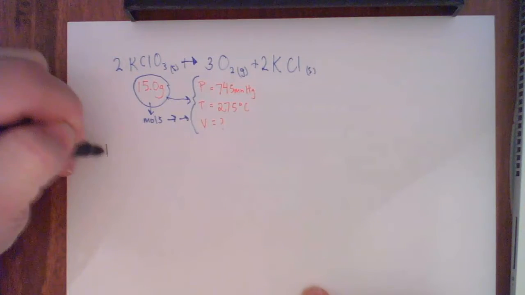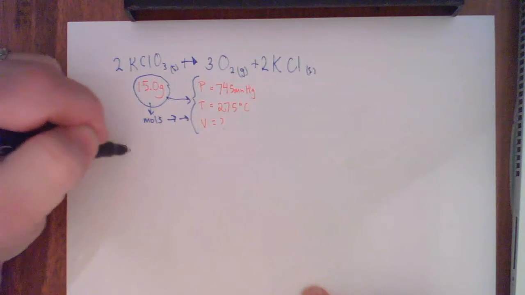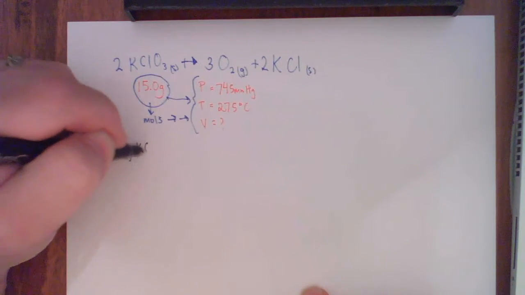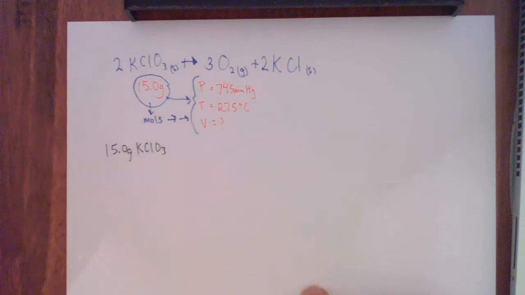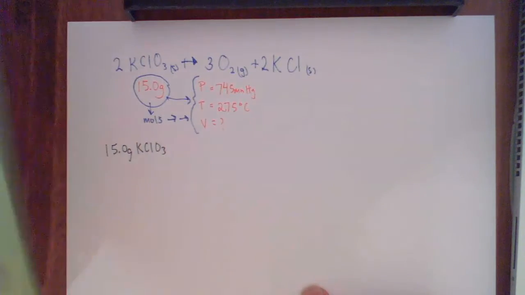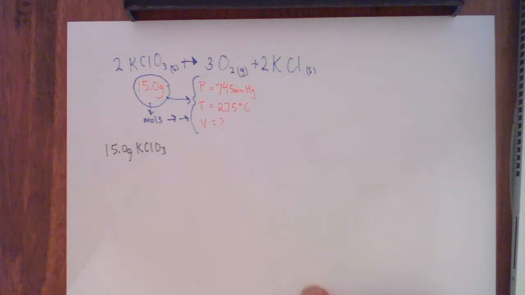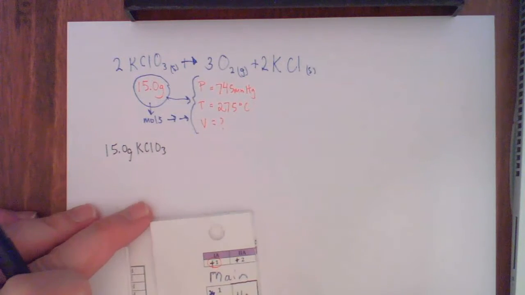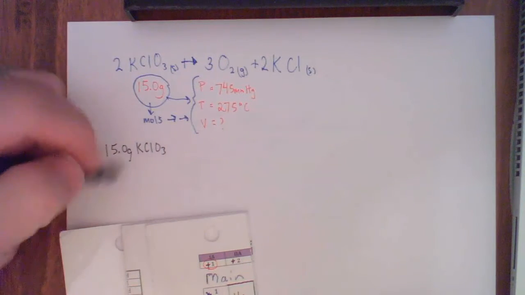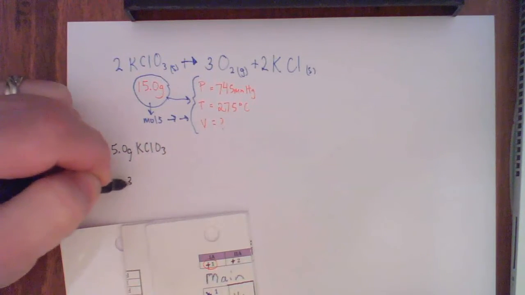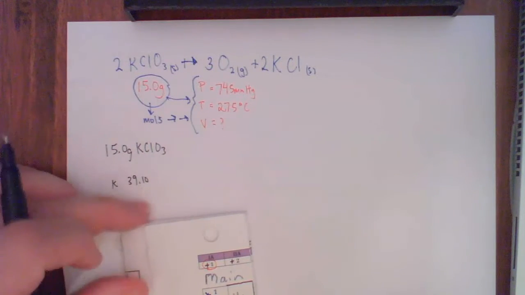Okay, so let's go through and set up this stoichiometry problem. So we've got my 15 grams of KClO3. We need to figure out our molar mass of the potassium chlorate. My potassium is 39.10.